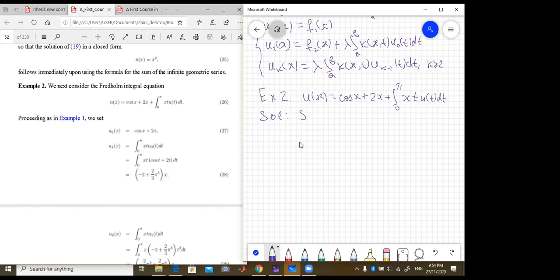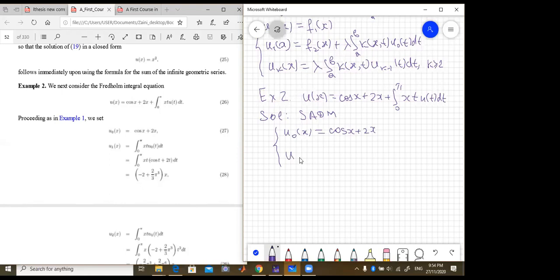Okay, according to the scheme, I hope nothing is difficult here, because I don't want to search the solution in series form and then equate both sides. We just go to the scheme. The scheme says u0 of x is chosen as the function on the right side, f of x. For this case, I have it like this.